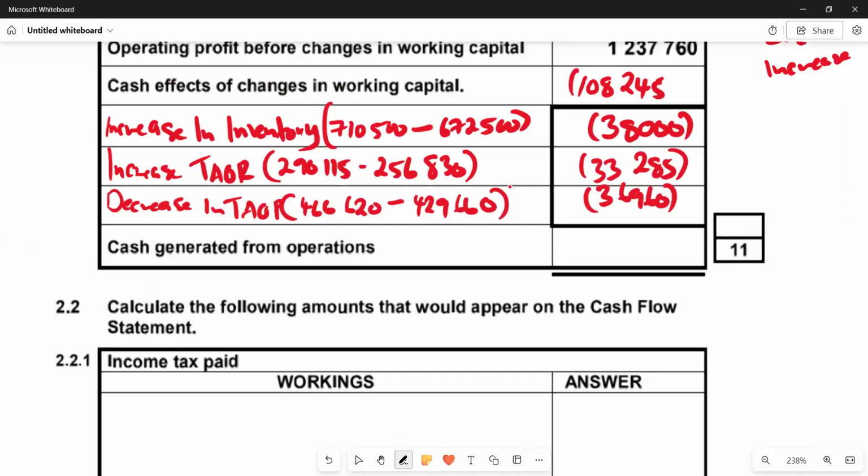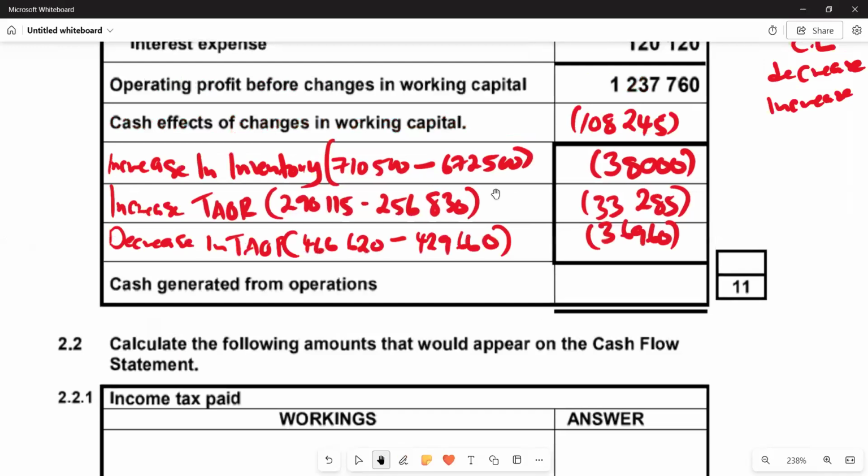So obviously, this one is in brackets. So we now say operating profit before changes in working capital, and then minus cash effects of changes in working capital, which is 108,245, and we are going to get 1 million. The final answer that we are supposed to get there is 1,129,515.